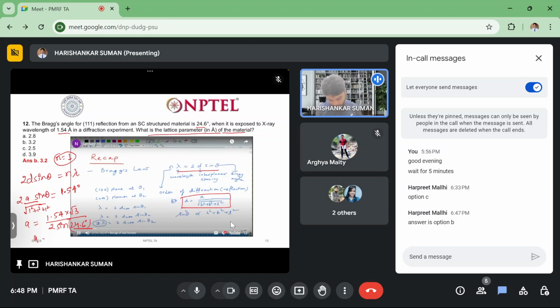If we solve this, we will get approximately 3.2 angstrom.